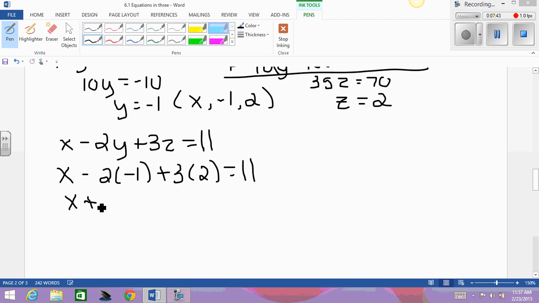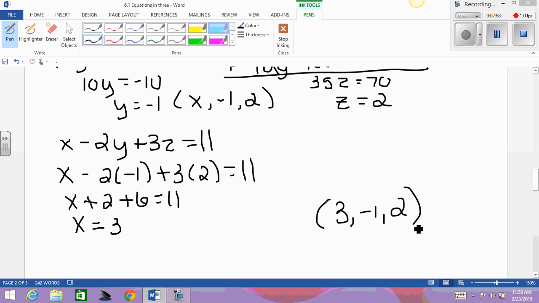X plus 2 plus 6 equals 11. X equals 3. So my solution, my ordered triple, is 3, -1, and 2. So that is your first glimpse at how we solve a system in 3 variables.